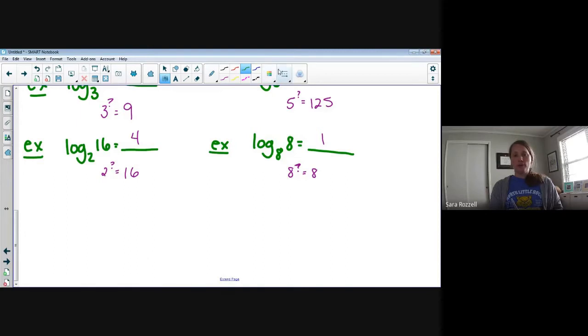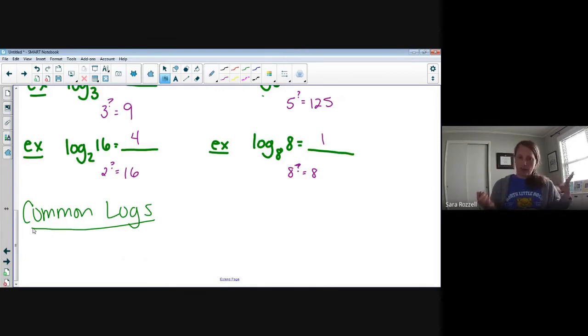The next thing we do before we graph, this is our last type of problem that we're going to solve before we do a few graphs. These are called common logarithms, or common logs. There are a couple bases that we use all the time, and we use them so much that they get their own symbol or their own button in the calculator.